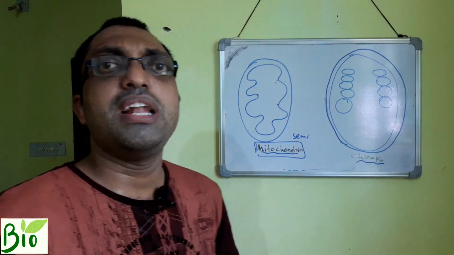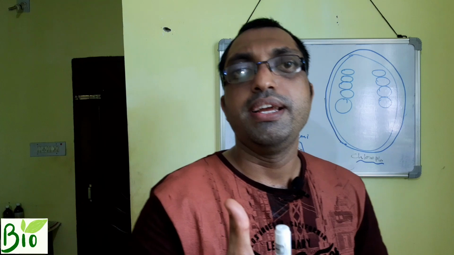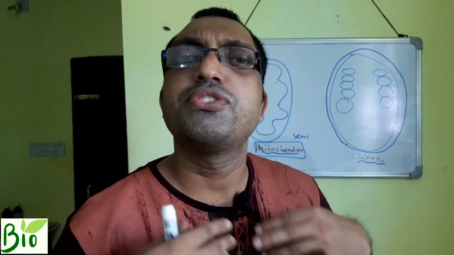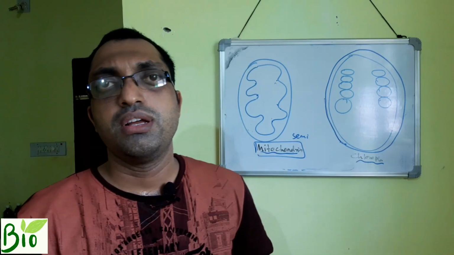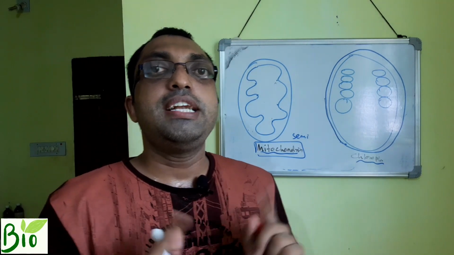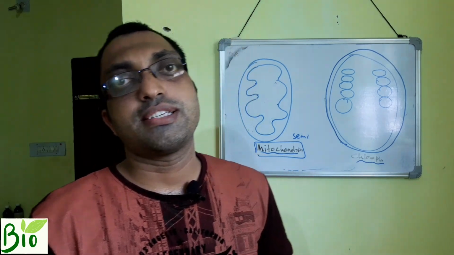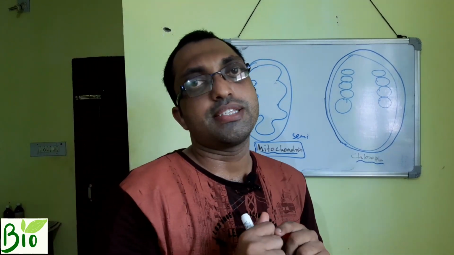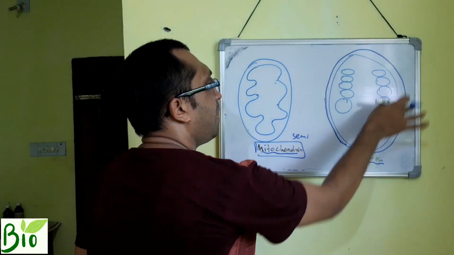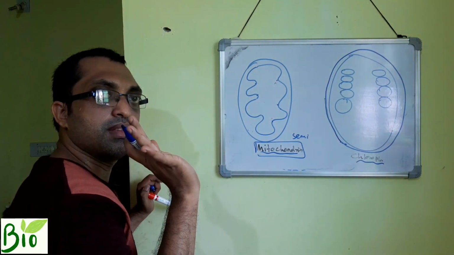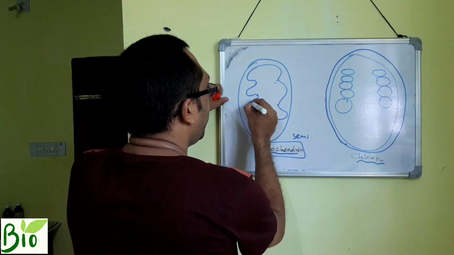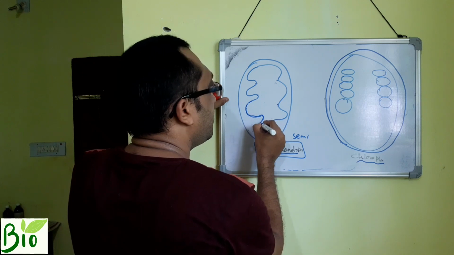The first phosphorylation process I explained is substrate level phosphorylation, where ATP is produced directly from a reaction. But here, ATP is produced in an exchange system. Both are double membrane bound structures, and ATP is produced on the membrane only, here on the inner membrane.